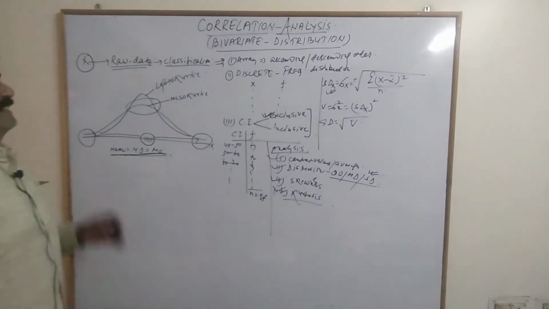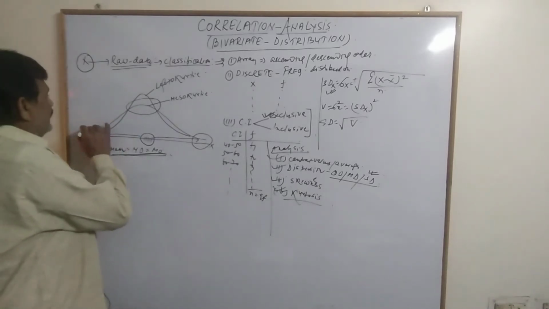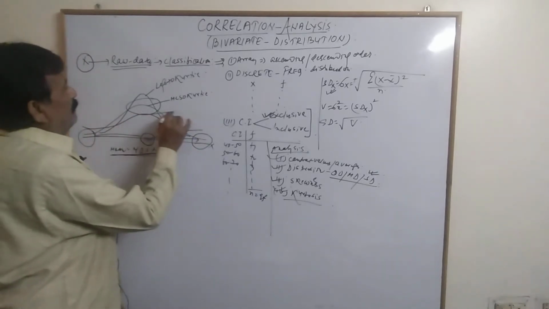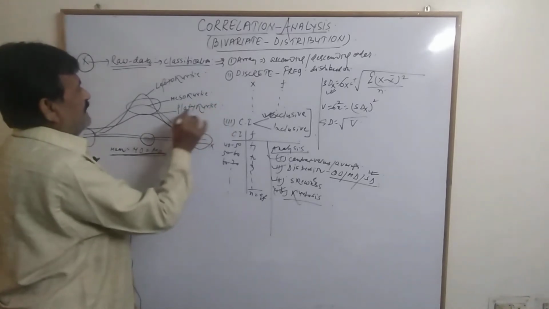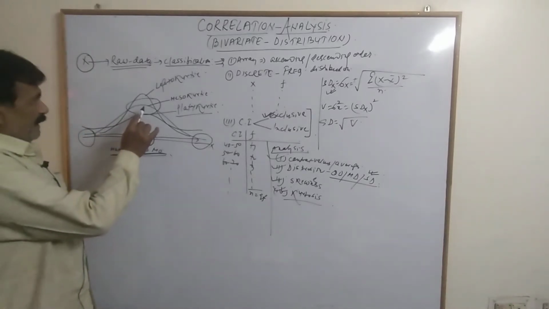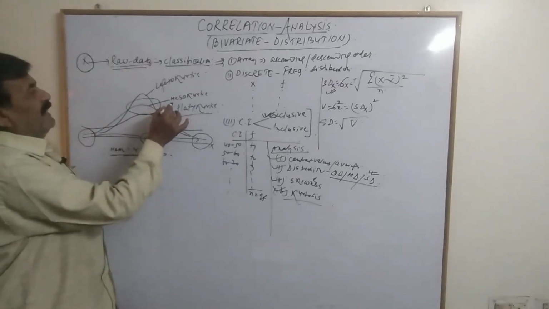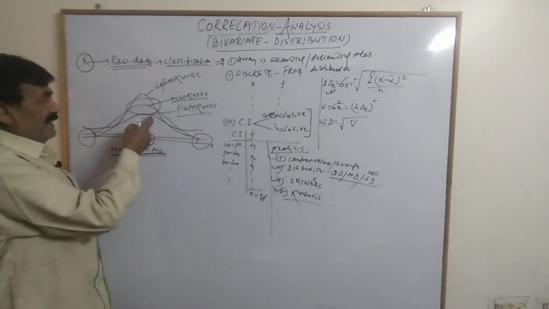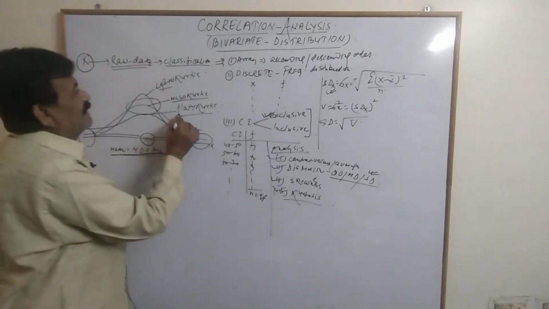And if any data has its top flatter than the normal curve, then it is platykurtic. So this top happens to be of 3 types. If the distribution is normal, then its top would be mesokurtic. If the top is sharper than the normal, then this is leptokurtic, and if it is flatter than the normal, then this is platykurtic.